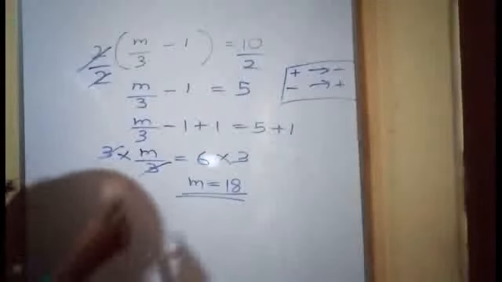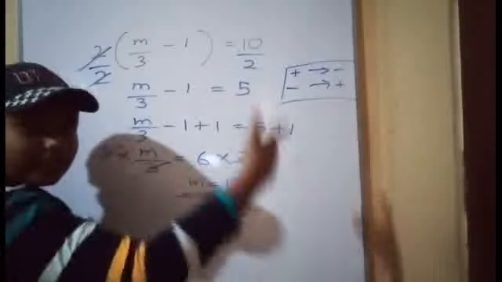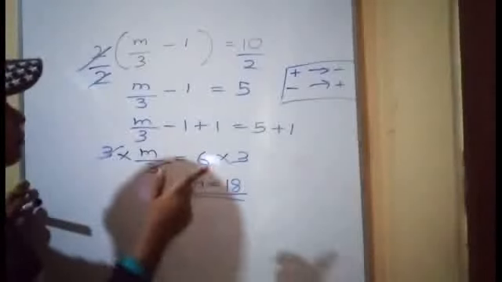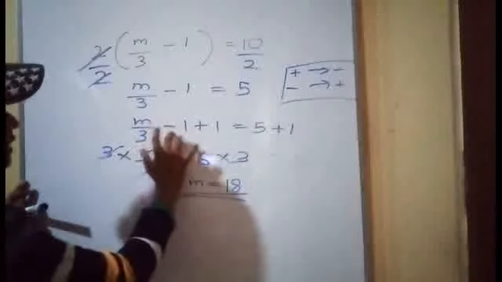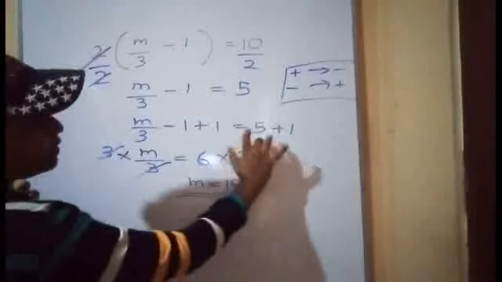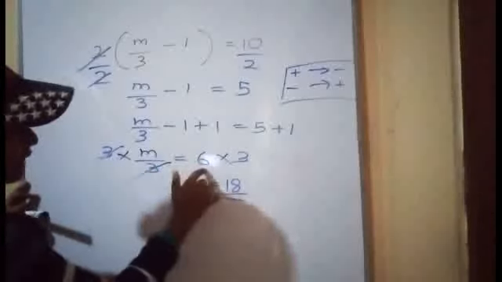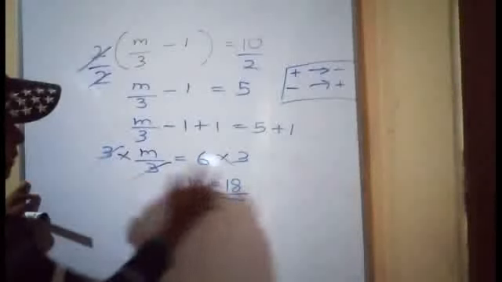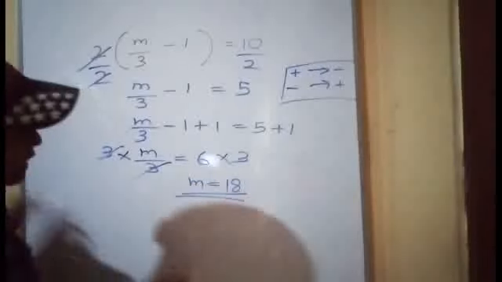Now they have minus 1, so we do the constant value on both sides, plus. So both sides add 1. Now we have m divided by 3 equals 6. So both sides multiply by 3, the same as the denominator. Cut it down. Now m is 18. 6 times 3 is 18.